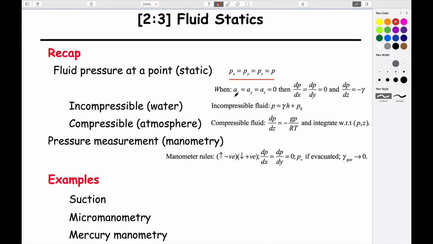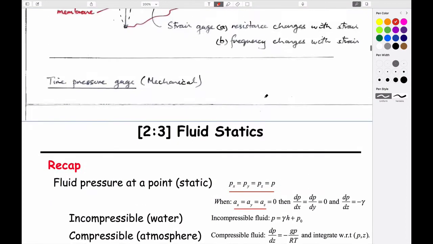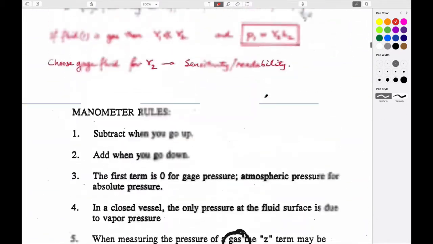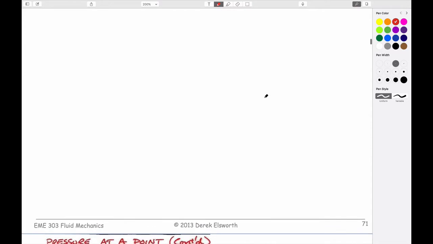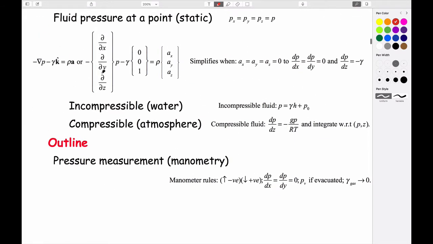We know that when we have zero accelerations in a system, then the system of equations that we have, which we looked at yesterday, and if we write out, for instance, the ones that are represented by the pressures in the z direction, are something like: change in pressure with depth, minus unit weight of the fluid, and this term minus density times some acceleration in the z direction equals 0.